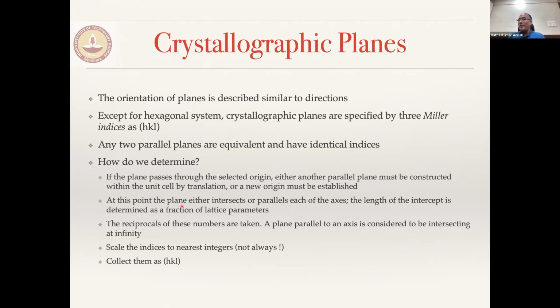Only one of these two should happen because the plane is not passing through origin. If it is passing through origin, it is possible that it is not touching any of the coordinate axis. After changing your origin, the plane either intersects a coordinate axis or becomes parallel to it.